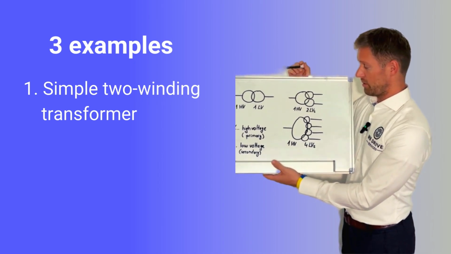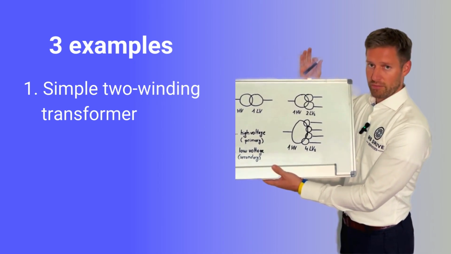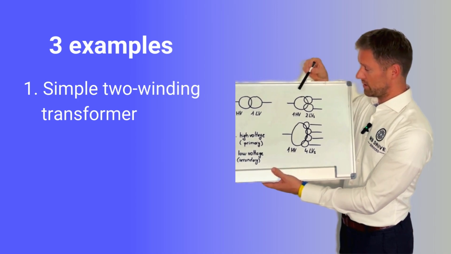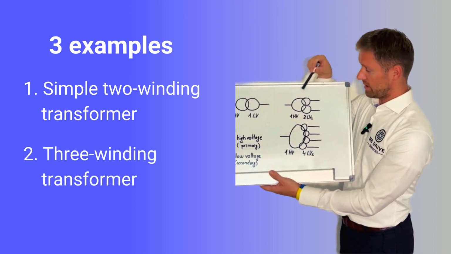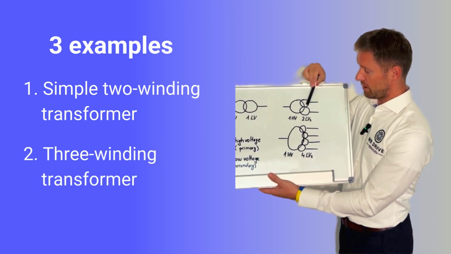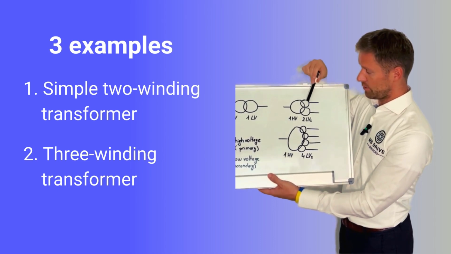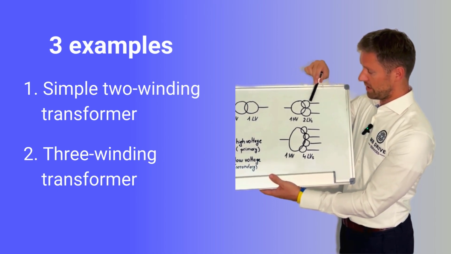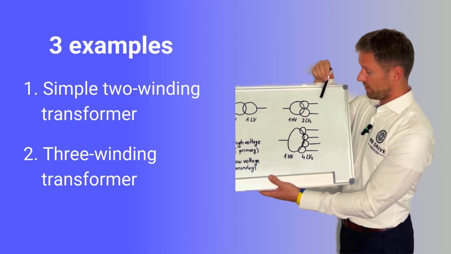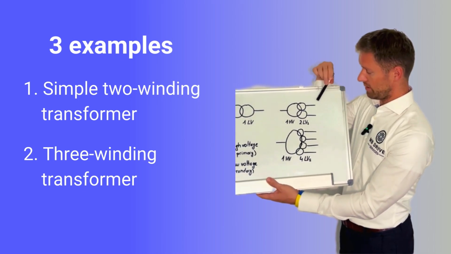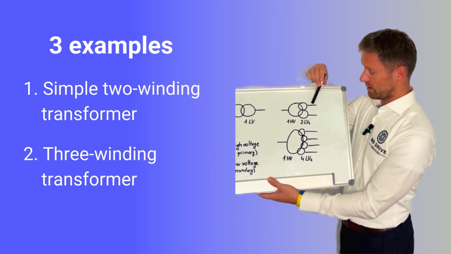However, in drive applications we often have transformers with more than just 2 windings. So here is a 3-winding example. We have 1 primary, 1 HV, and 2 secondaries, 2 LV windings. So a 12-pulse rectifier will be supplied from such a transformer.